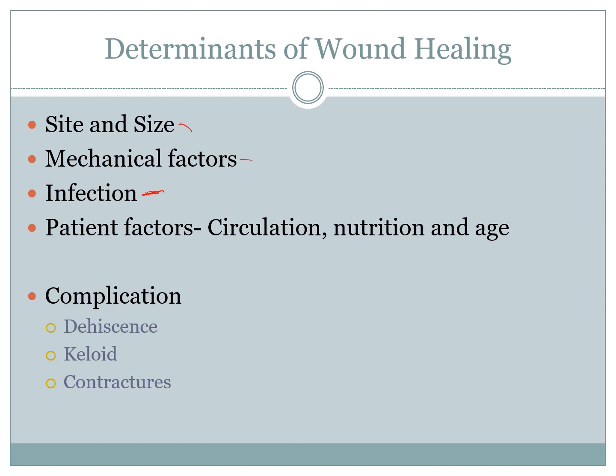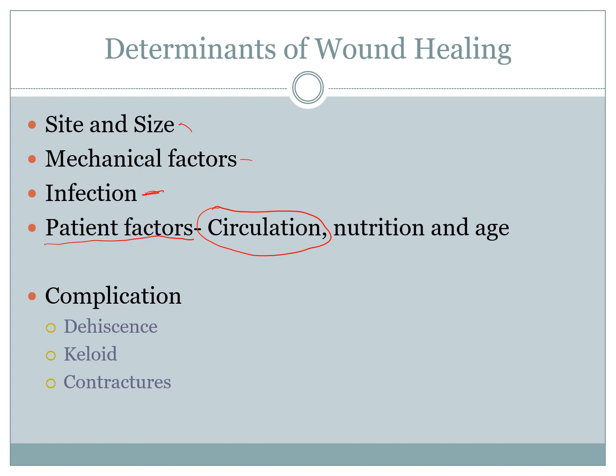And then we have to look at our patient as well. So our patient factors really play a big role, and the main one of those that is a variable for all is our circulation. Okay, so this is why people will often tell smokers not to smoke when they are healing wounds, because smoking will temporarily reduce the circulation to the area and play a big role in the healing properties that need to occur.